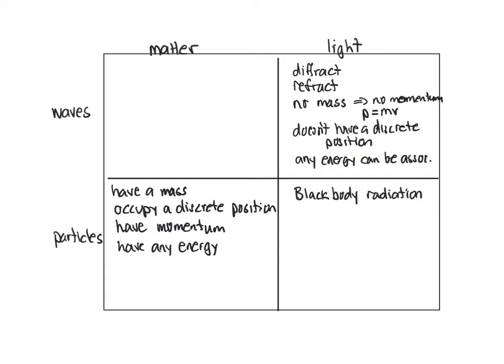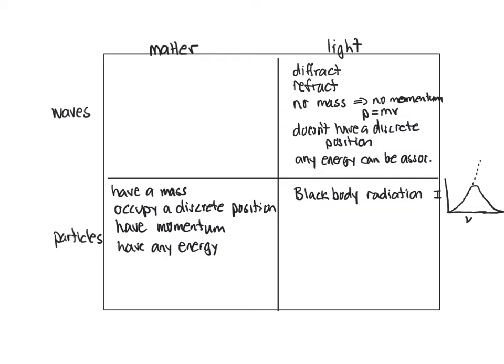What was actually observed, if we think about the intensity as a function of the frequency of the light, is that the classical view would say it should go like this, but in fact what is measured is something that looks like this. And so the spectrum doesn't match the classical view.